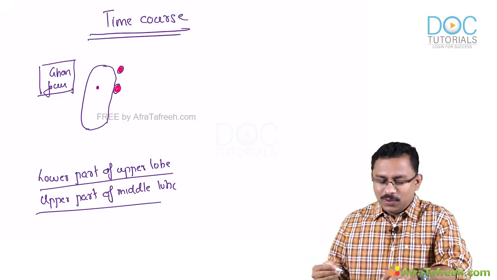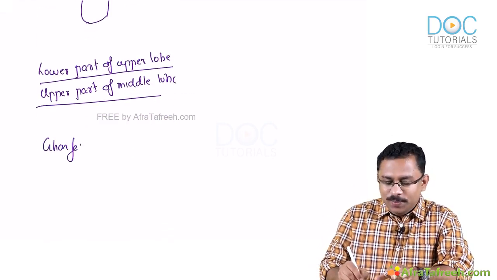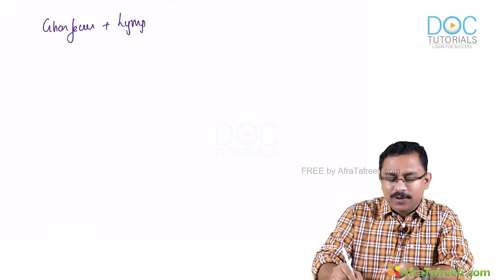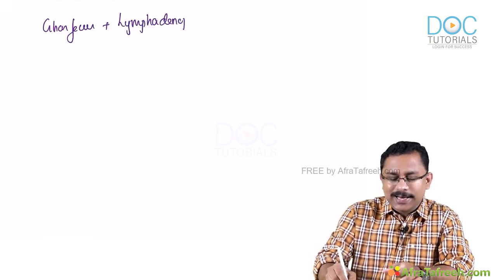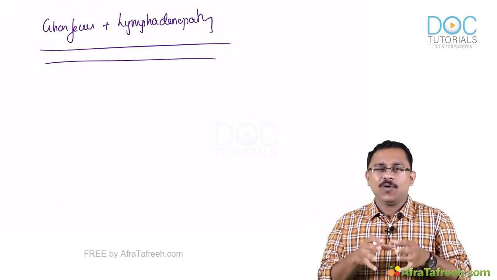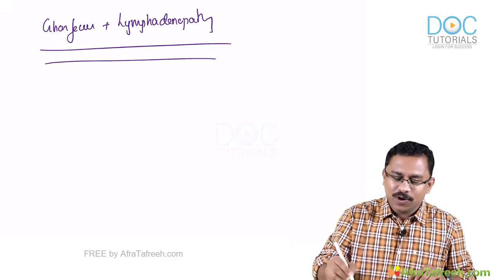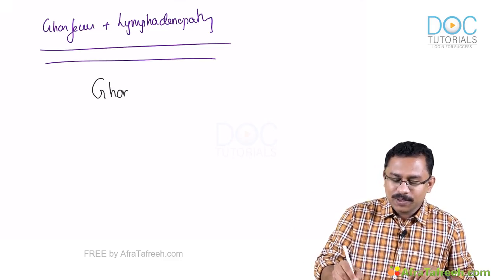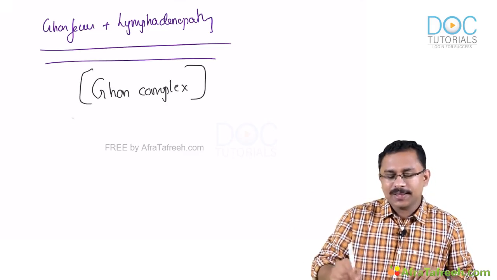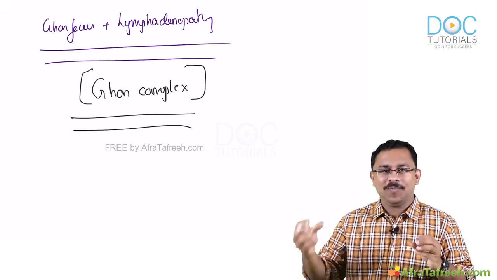Along with the Ghon focus, you may have lymphadenopathy, and that lymphadenopathy is hilar as well as paratracheal. Such a Ghon focus plus these enlarged lymph nodes is what you call the Ghon complex. So you understood what a Ghon focus is and what a Ghon complex is.